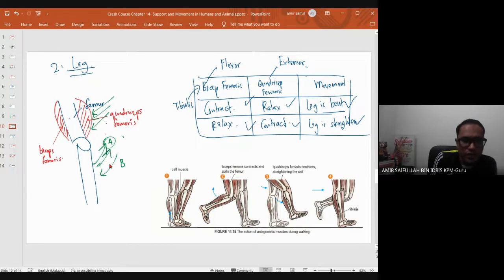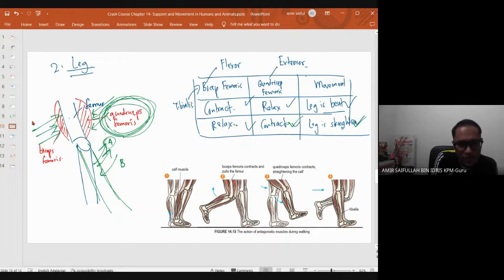Okay, so here it goes to A. If it goes to A, remember, it must straighten. Right? If you move your leg upward, it must be straight. So, when the quadriceps contract, the leg is straightened. So if the quadriceps contract, of course the bicep relaxes. Now, if the bicep contracts, I do this arrow.